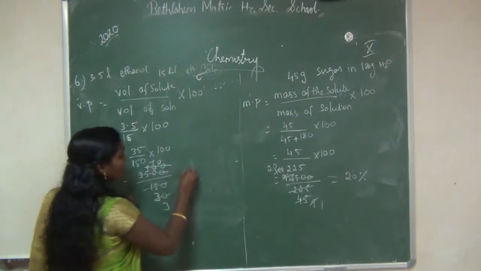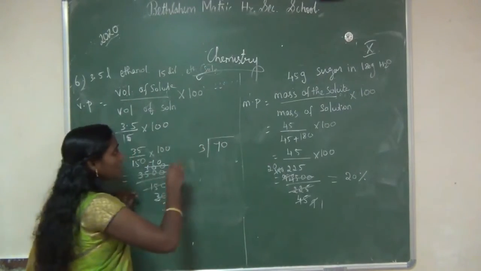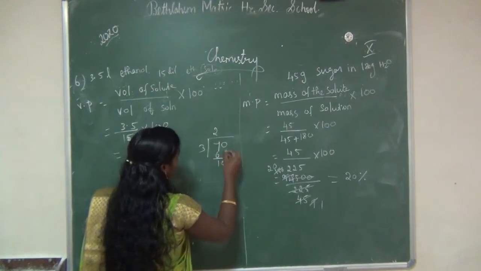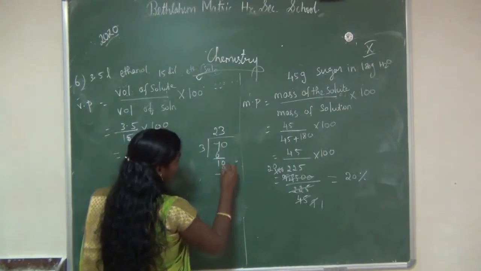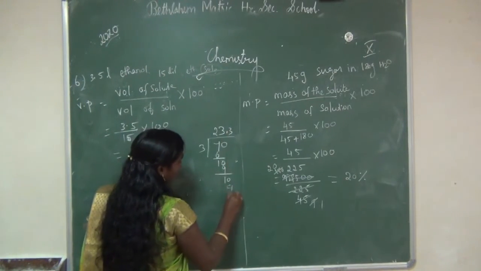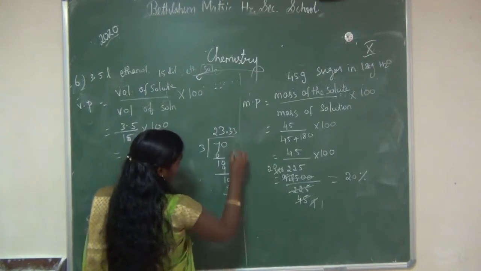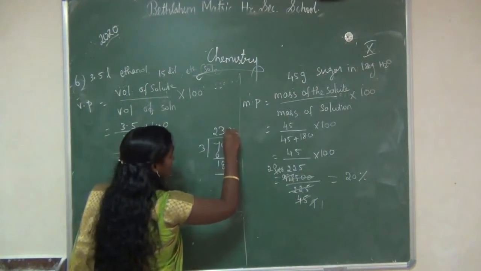So 70 divided by 3. 2 3s are 6, balance 1. 3 3s are 9, 1. Up to 2 decimal digits is enough.